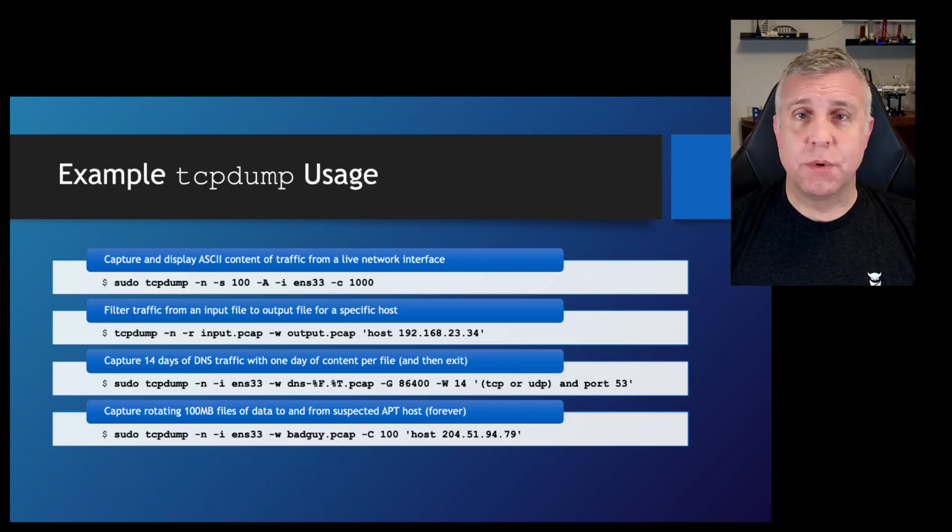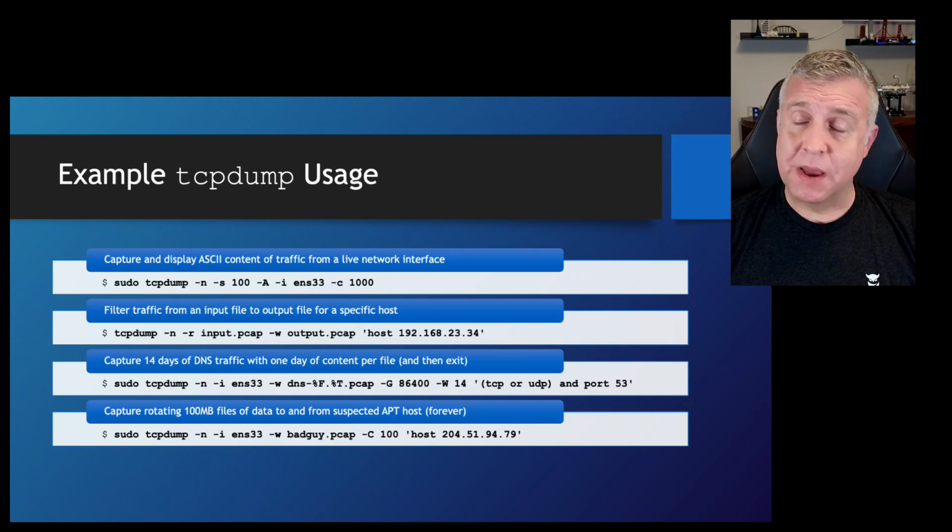Now, before we go on, I want to talk a little bit about this file name. Previously, we discussed how you've got to have the format strings for the date and time when you're rotating based on time, based on the number of seconds. Now we're rotating based on megabytes. So what tcpdump will do is it'll create badguy.pcap, and as soon as it goes over 100 megabytes, it's going to create badguy.pcap1.